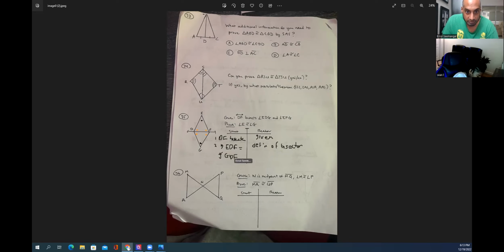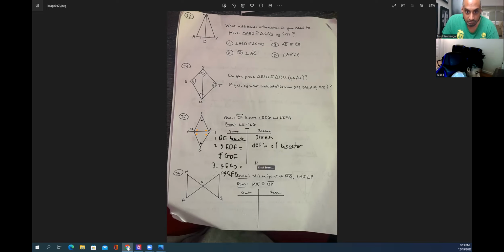Then 3 would be the same thing on the other side. Angle EFD equals angle GFD by the same reason.